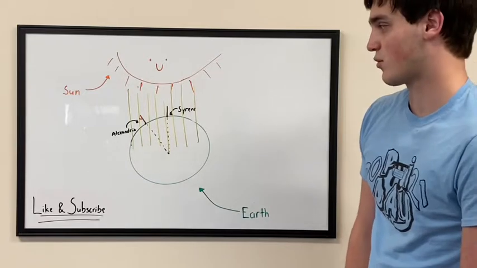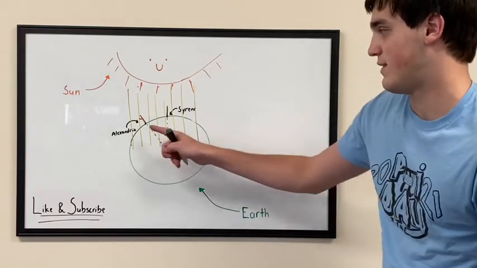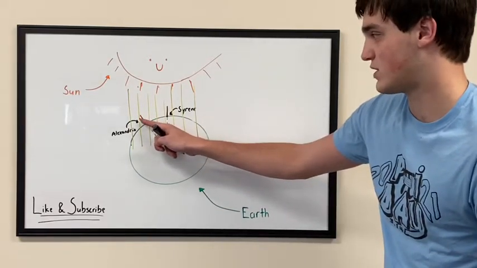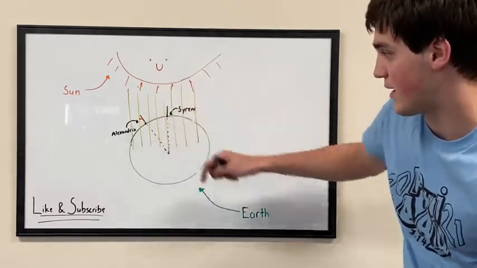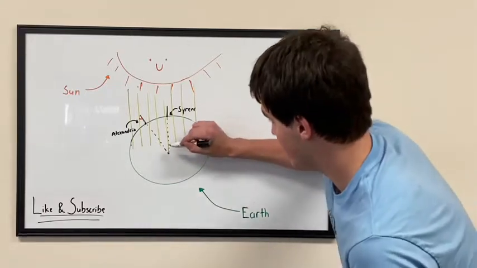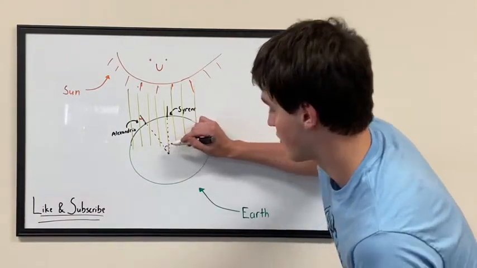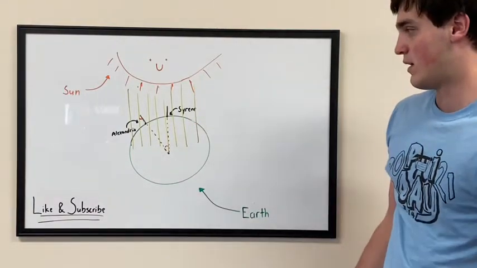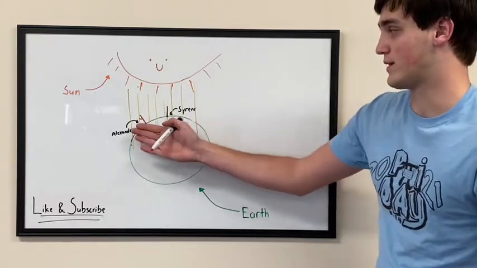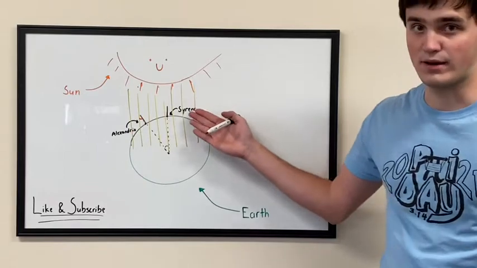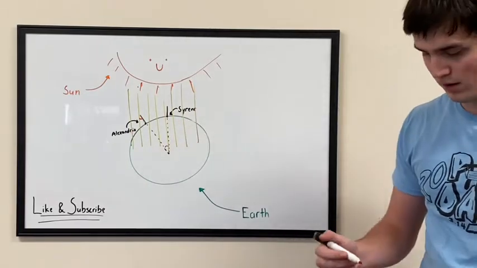Using the basic rules of geometry, we can find that because there was a 7.2-degree angle here, and because each of these lines are parallel to each other, there is also a 7.2-degree angle here. This angle actually represented the angle between Alexandria and Cyrene with respect to the Earth.